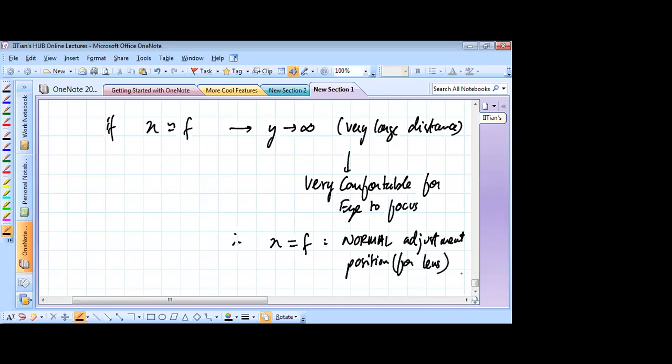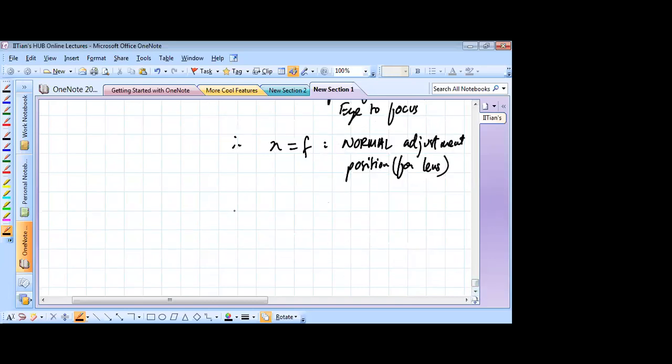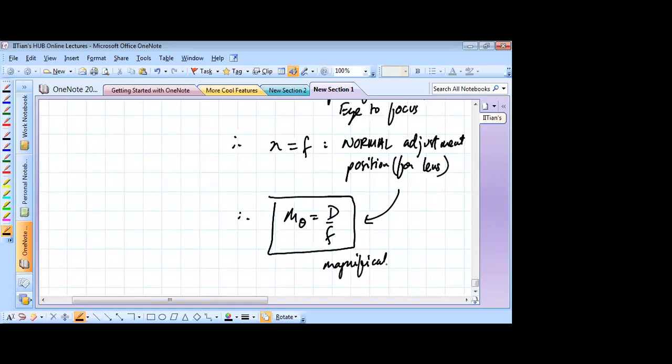So when we keep the object at a distance equal to the focal length, we achieve an angular magnification of d by f. And this is called the normal adjustment position. What happens at the normal adjustment position is that the magnification is the minimum possible.